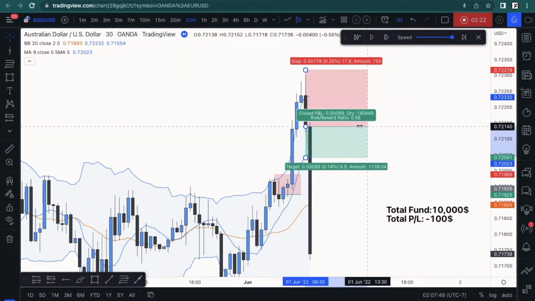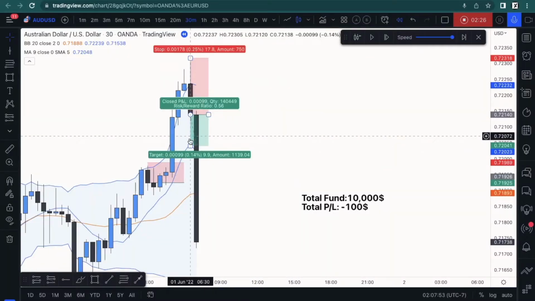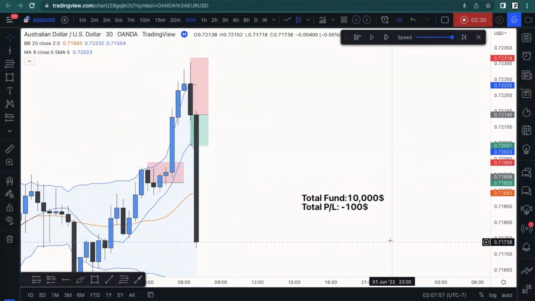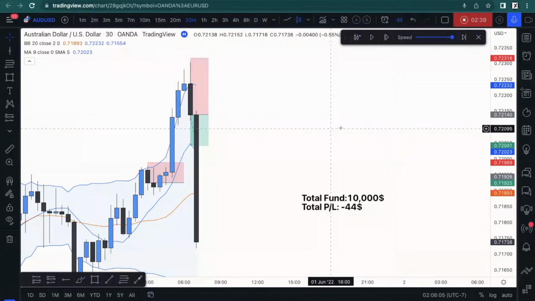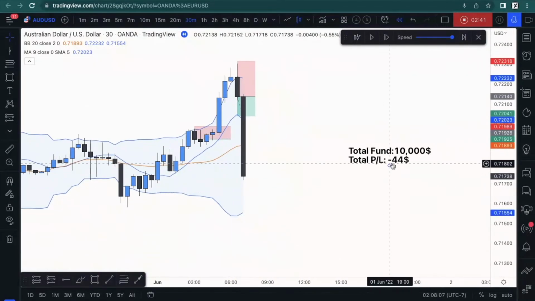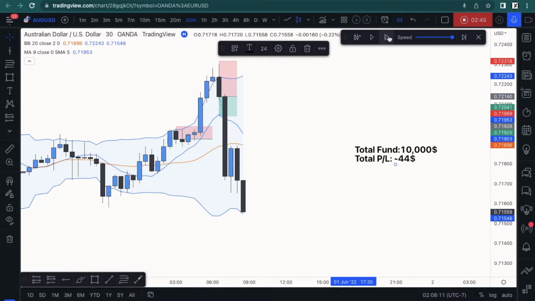Boom, and just like that we have our first TP hit, but this is comparatively smaller than the loss that we had, it's simply 0.56, meaning $56 of profit, and total PNL would be $44. So far, 2 trades, 1 profit, 1 loss. Let's look for another setup.